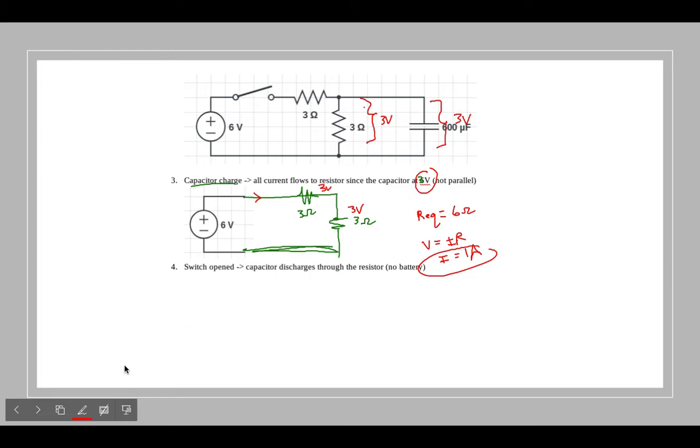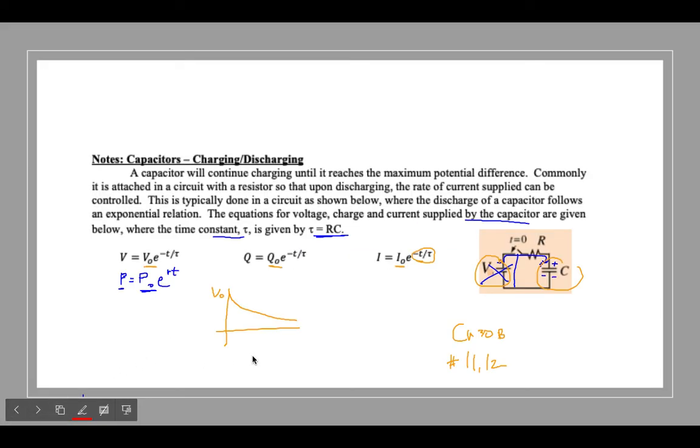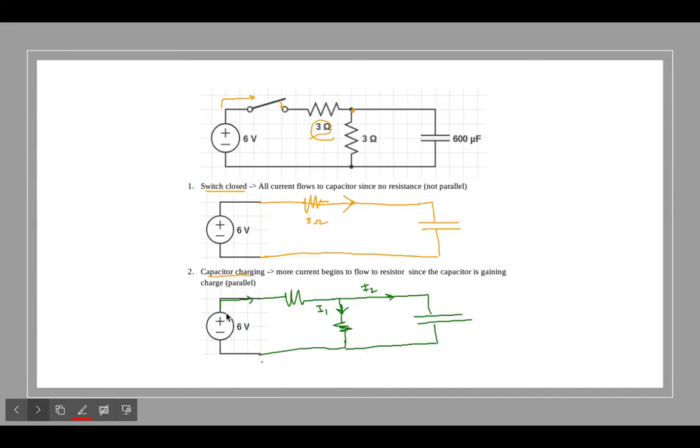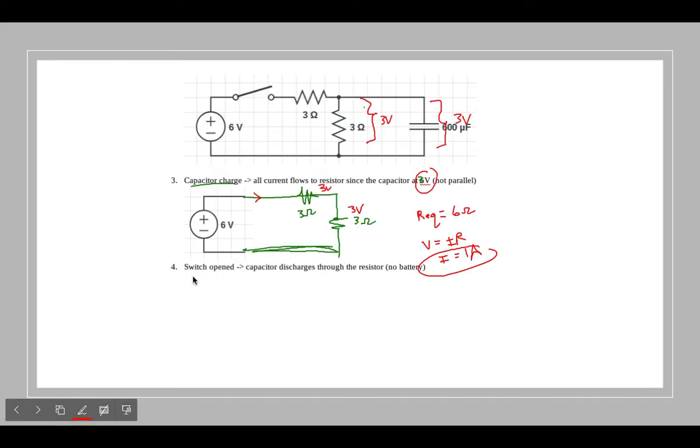In the previous example, let's go back to this: if this was 6 volts, this also would be 6 volts. That's why I miswrote that. Maybe I corrected it on your version. If it's just a resistor and a capacitor, it gets the full voltage, right? Because it's just a series circuit, so it gets all the voltage at the end. Here, it's only going to get 3 volts.